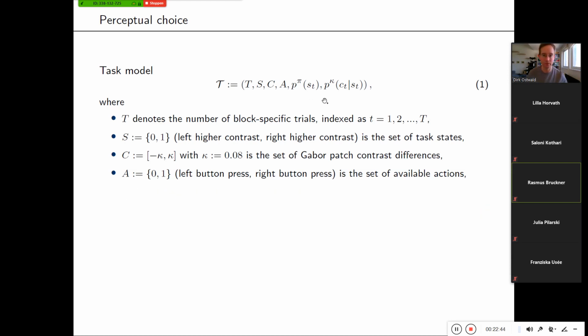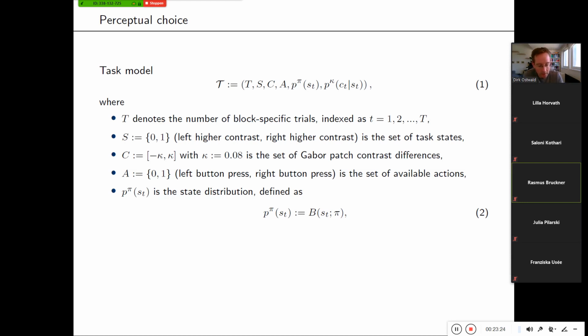And that's different for this probability distribution, as they do something. So the first thing that we have here is the state distribution, which is a probability distribution over these 2 states. It's defined as a Bernoulli distribution with a parameter pi, and this parameter pi is 0.5 throughout. A specific thing about this state distribution, compared to maybe the general form of a Markov decision process, is that there are no state dependencies from trial to trial.